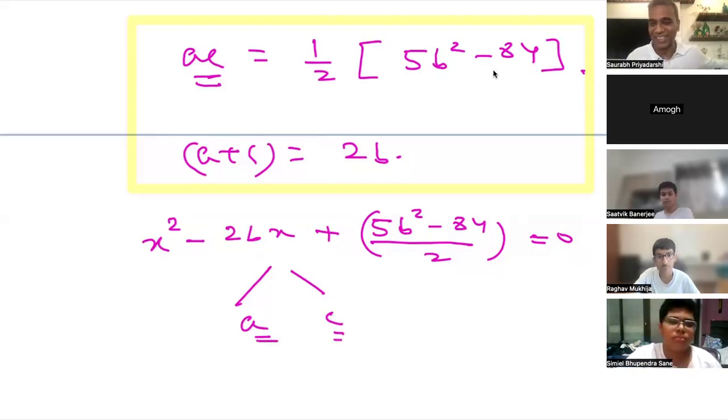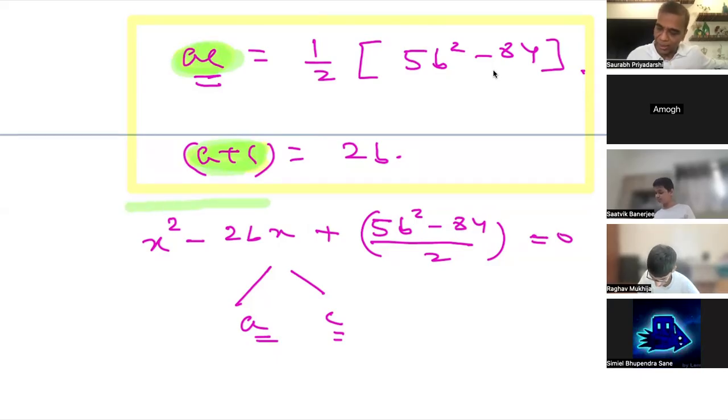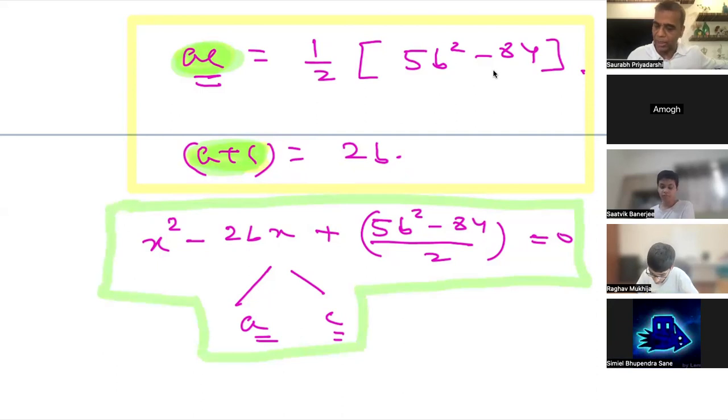If we have A into C and we have A plus C, both results are there, so the sum of the roots and product of the roots are both given. So this is the quadratic equation whose roots are A and C.